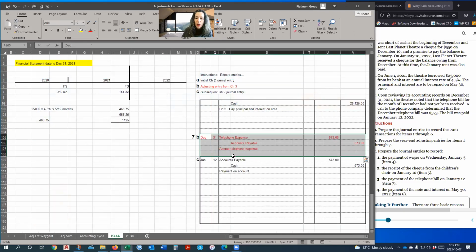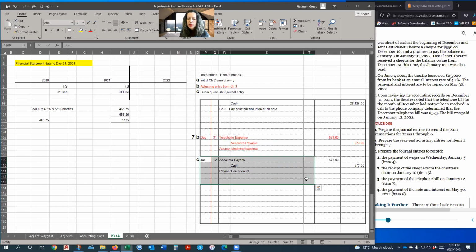We say, aha, we owe some money. But in this case on December 31st, there was no bill. So they had to accrue the amount to include it. They debited telephone expense, credited accounts payable. You notice they're not paying it. They don't have the bill. They're just including it without the source document.